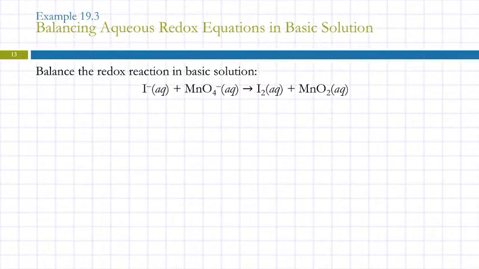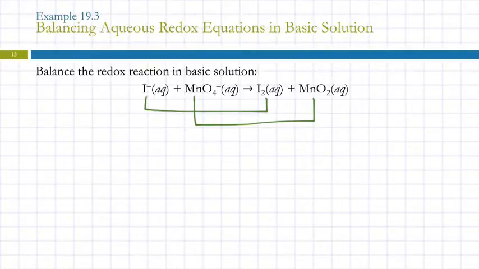So we're going to balance this redox reaction in basic solution. Starts out the same. So iodide and iodine are going to be together. Permanganate ion and manganese 2 oxide are going to be together. So I minus aqueous going to I2 aqueous.